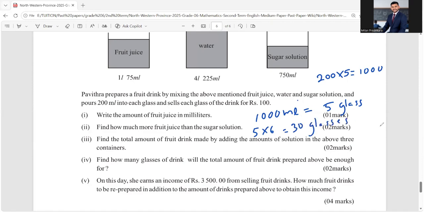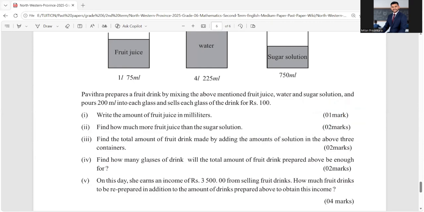When you make 30 glasses, you need 6,000 milliliters. And this 50 milliliters will remain because you have 6 liters, 50 milliliters. With this 50 milliliters, you cannot fill a glass. Okay. Right. And then your answer is 30 glasses. This amount of fruit drink will be enough for 30 glasses.